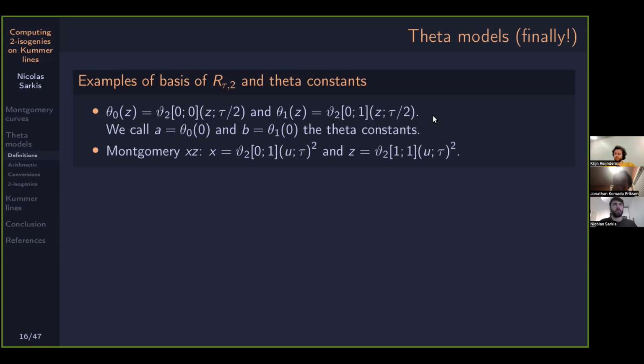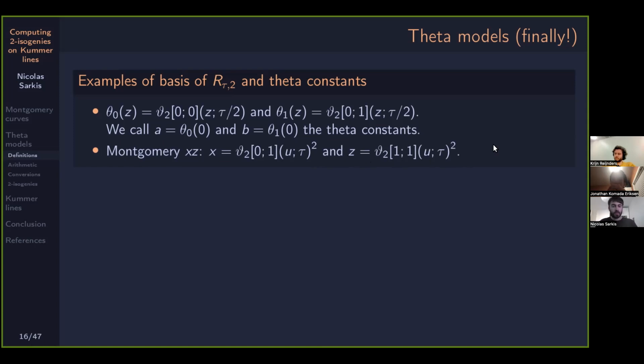You can also define XZ coordinates from Montgomery, like we did in the first part, or define them by theta functions: X is this theta function squared, and Z this one squared. So it's a first approach to why we will have good conversions between Montgomery and theta.